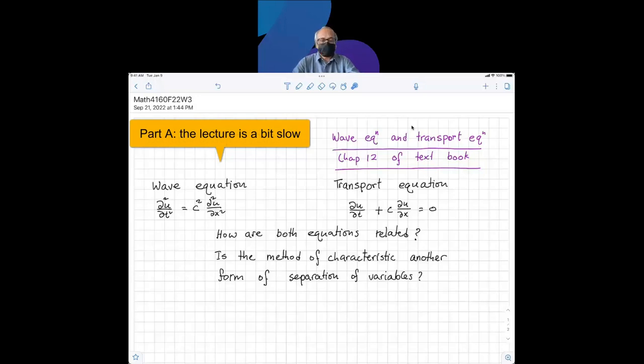Objective today is to understand the wave equation and the transport equation. Wave, I believe in Newfoundland everyone knows what a wave is. You can go very close to the ocean and you can see waves.